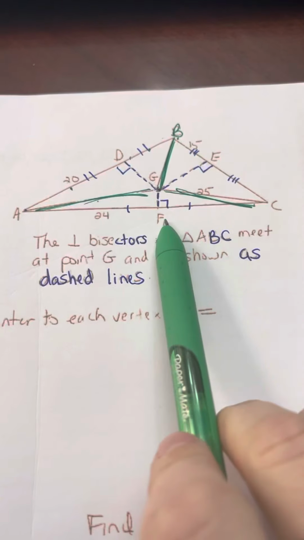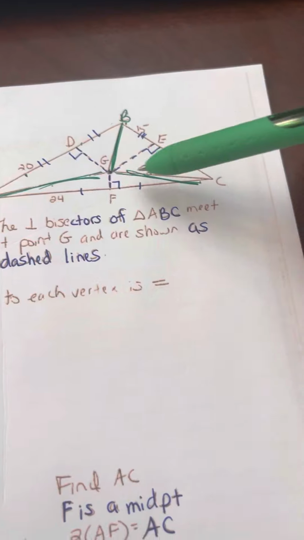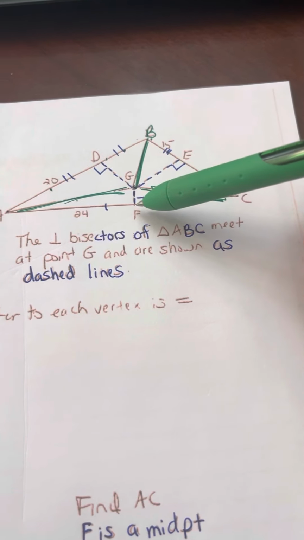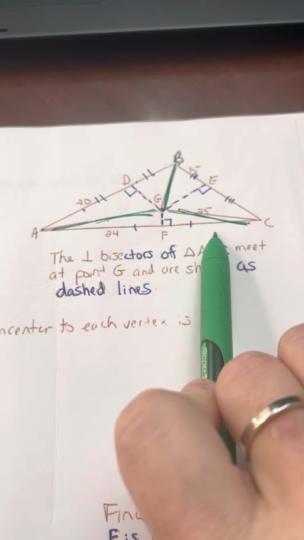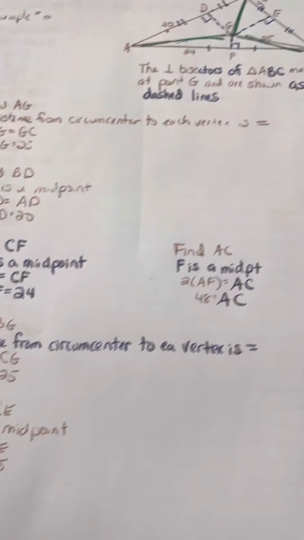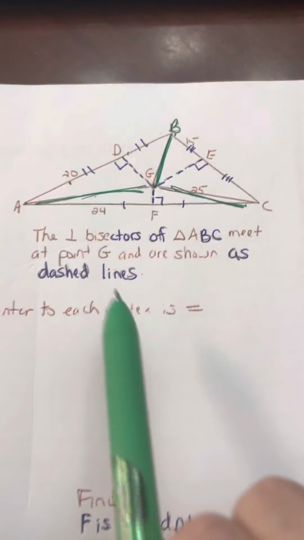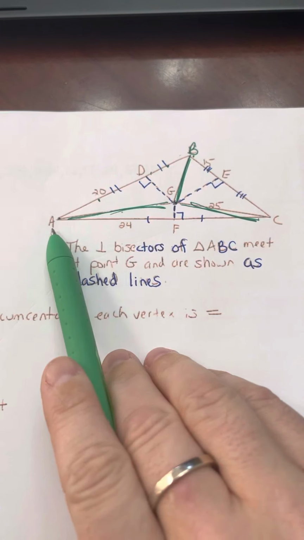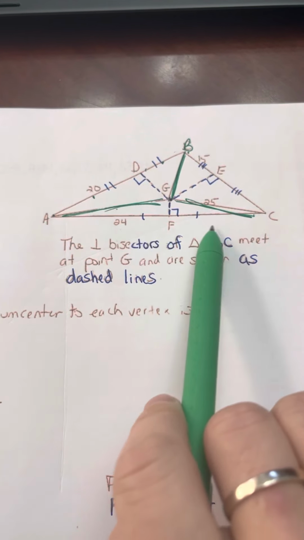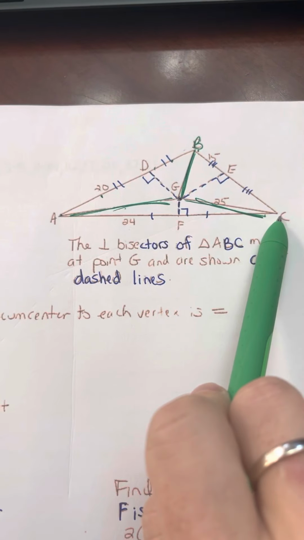So CF is going to be the same as AF because this little line is a perpendicular bisector. So if this one's 24, this also has to be 24. AC, let's find AC. AC is from here to here. We're given AF is 24. We know FC also has to be 24, so that entire length has to be 48.